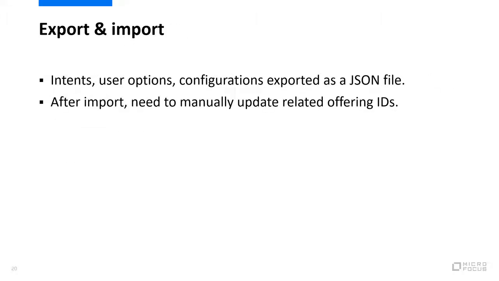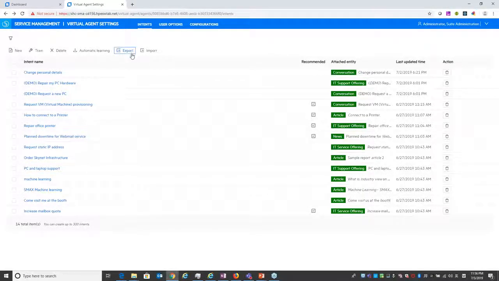And last, we have the export and import functionality or utilities here, to allow the administrator to export all of the things in one intent and import them to another.